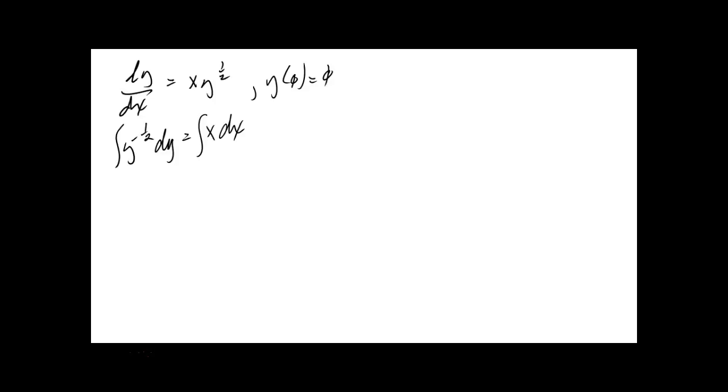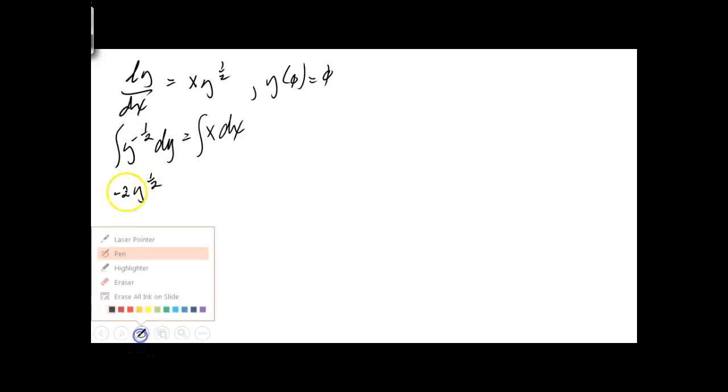What would this give us? 2y to the 1/2. Okay. I believe it's got to have a minus in there too, doesn't it? Minus 2y. No. Integrating, yeah. No, you're right. It's just a plus 2. Okay, sorry about that.